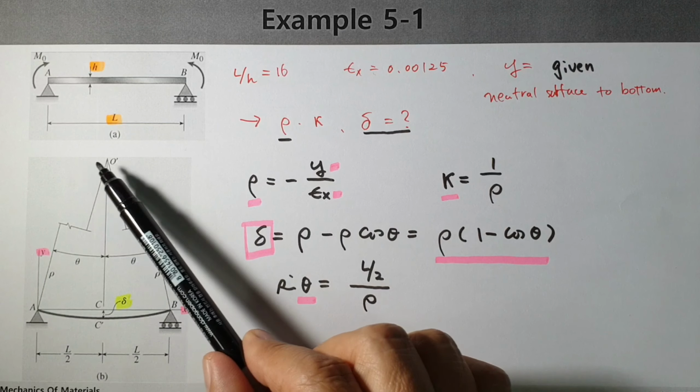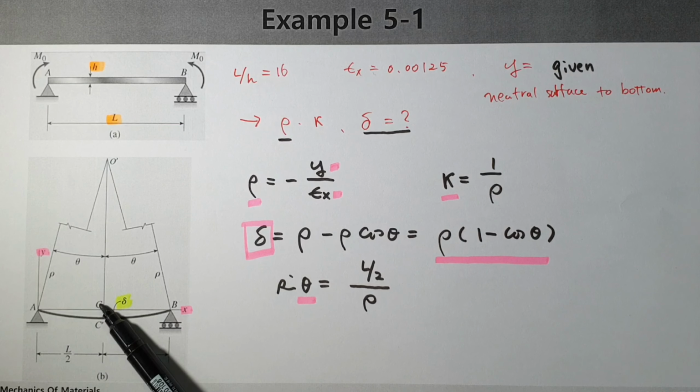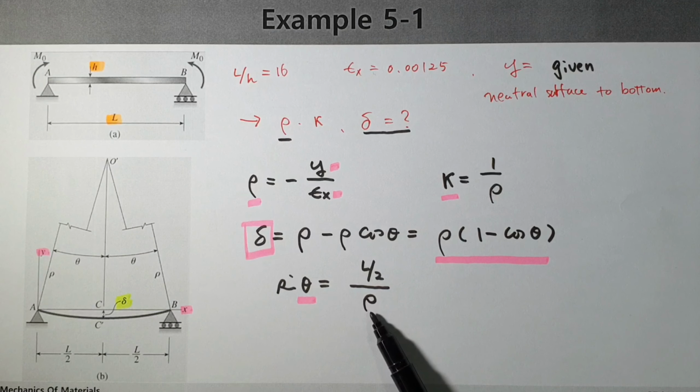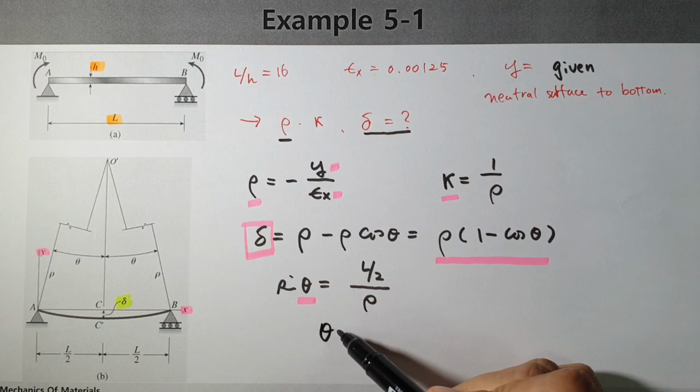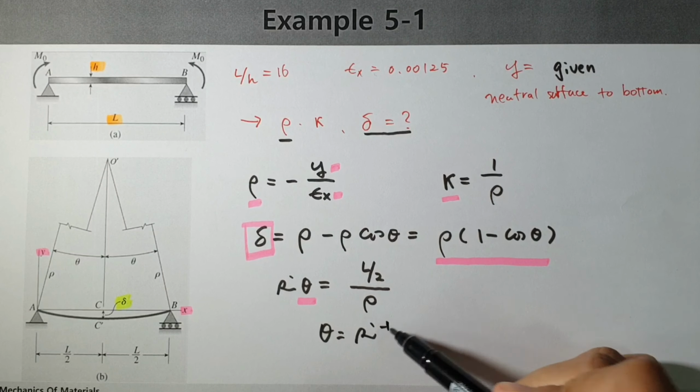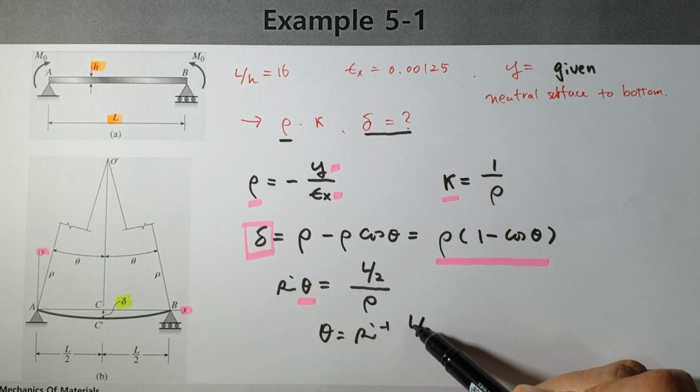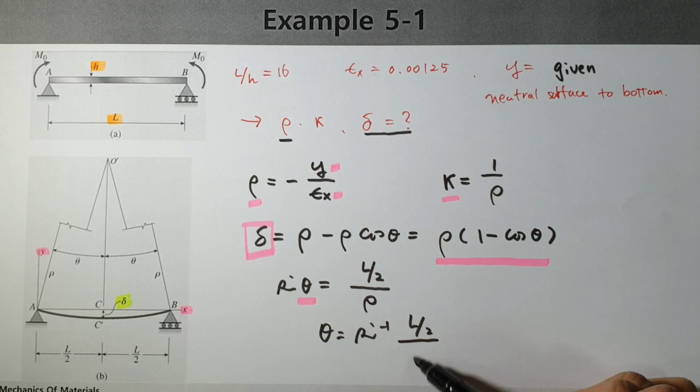Sine theta is like this, and rho and L over 2, this distance L over 2, is considered. Then we can calculate theta equals sine inverse of L over 2 over rho. When you substitute this value there, finally we can calculate the delta value.